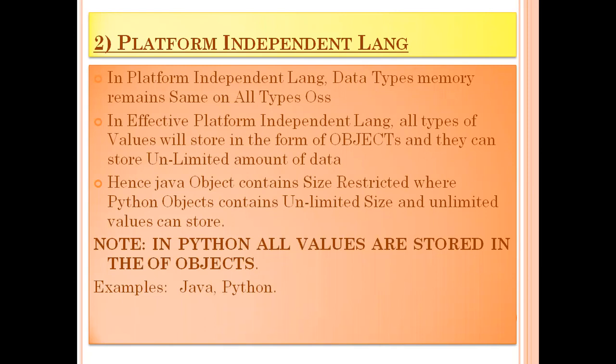Hence, Java objects are size restricted, whereas Python objects have unlimited size, and unlimited values can be stored in Python. And please remember that in Python programming, all values are stored in the form of objects.